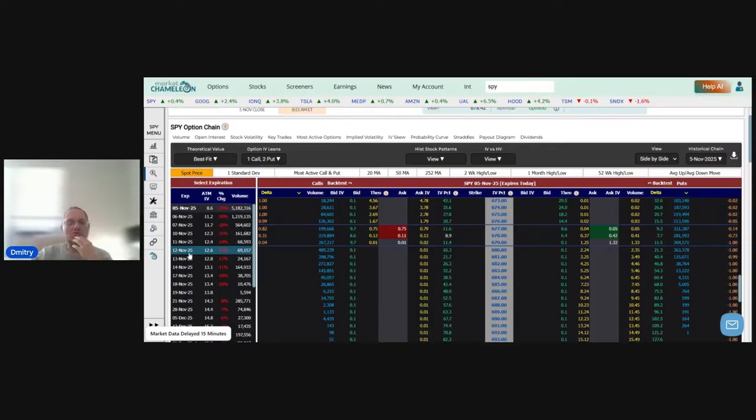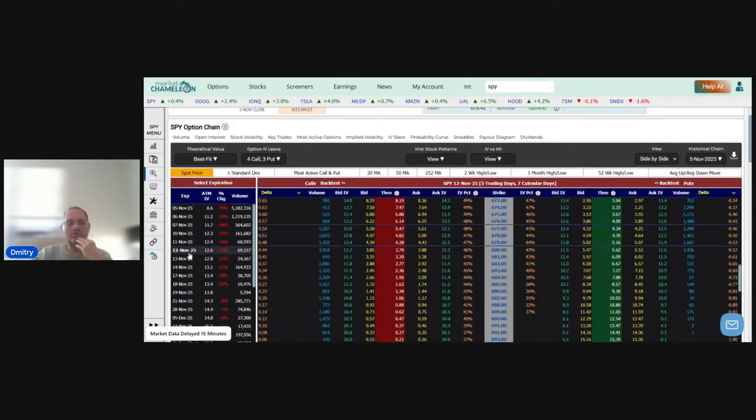So I'm going to just go out here a little bit, November 12th. And on this right-hand side, we have calls on the left-hand side, puts on the right-hand side. These are the strikes, and these are the deltas of the options for the calls, the deltas of the options for the puts. So what the delta means here is, let's just take the 685 strike call, right?